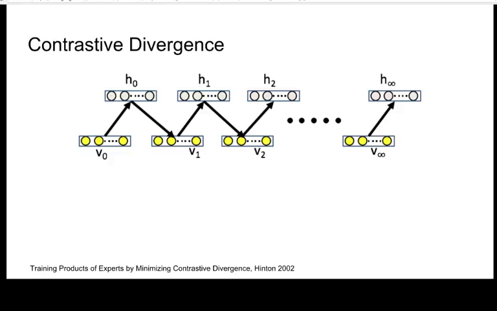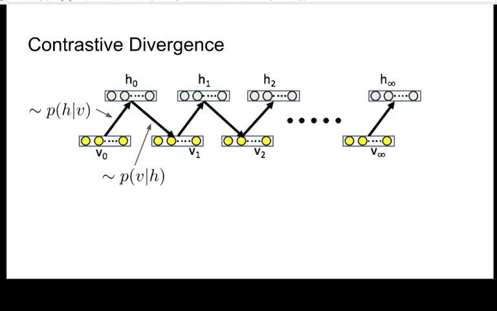The assumption is, you have some initial input v, which is your training data. We condition h on this training data, draw a sample, and call it h0. Given this, we condition v on it and draw another sample and call it v1. This is kind of like a Monte Carlo, where you zigzag, and the hope is that at infinity you have something which converges and is a good representation of v.